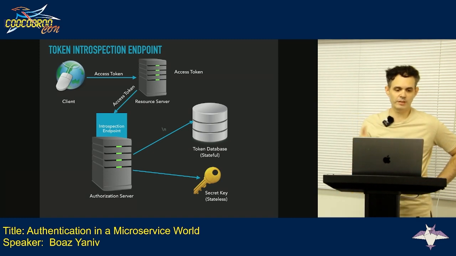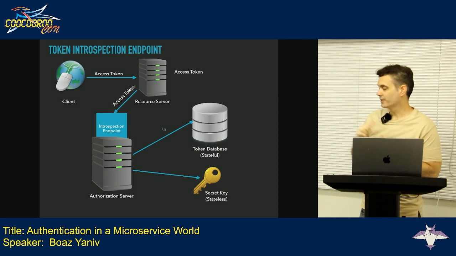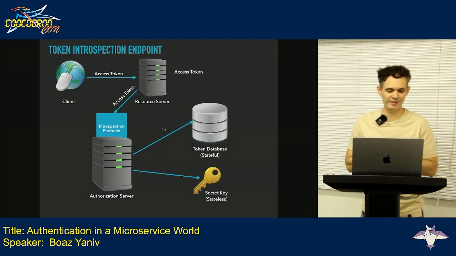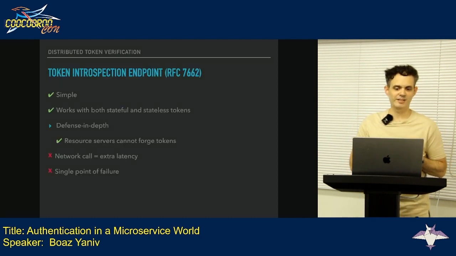So one option is you have an introspection endpoint in the authorization server. All the servers that receive the token just send the token to the introspection endpoint, and the authorization server checks on a database or uses the secret key. And this is also encoded in the standard RFC 7662.